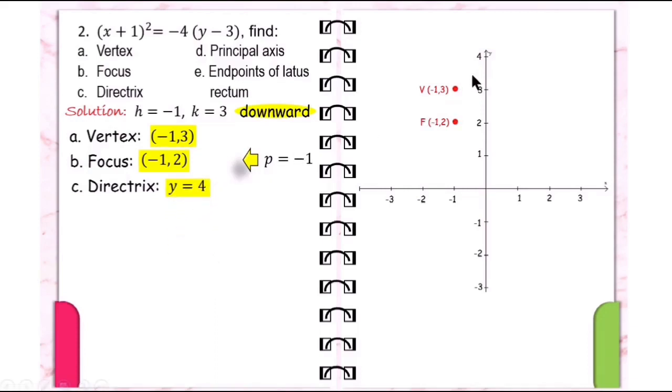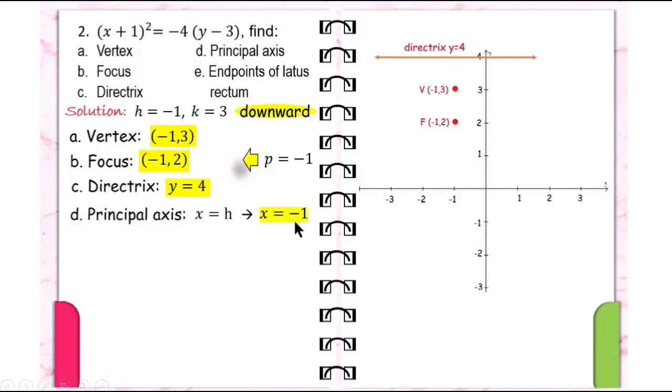So y equals 4 is located here, and this is a horizontal line. Then, the principal axis, which is the line x equals h, or x equals negative 1, the value of h, and it is located here. This time, this is a vertical line, and as you can see, the axis of symmetry, or principal axis, should pass through the focus.